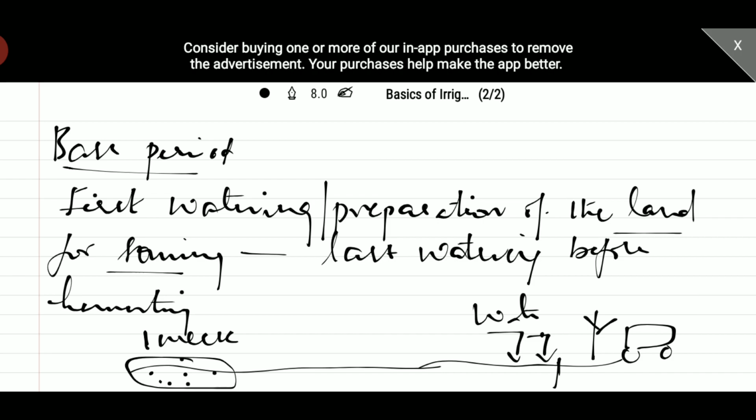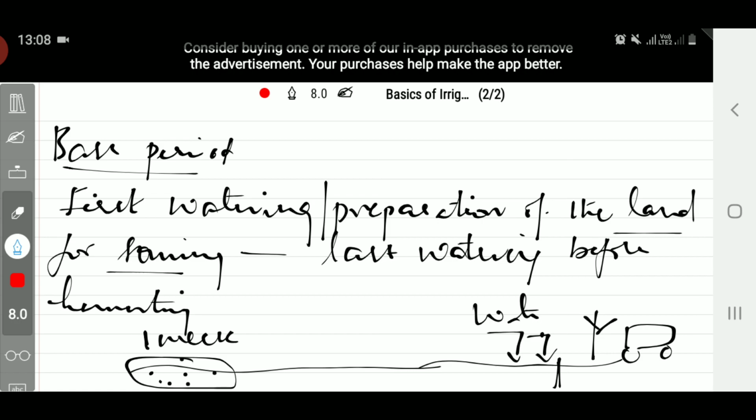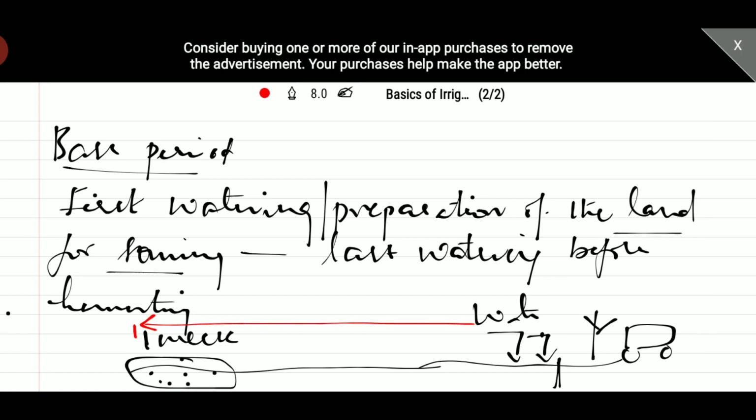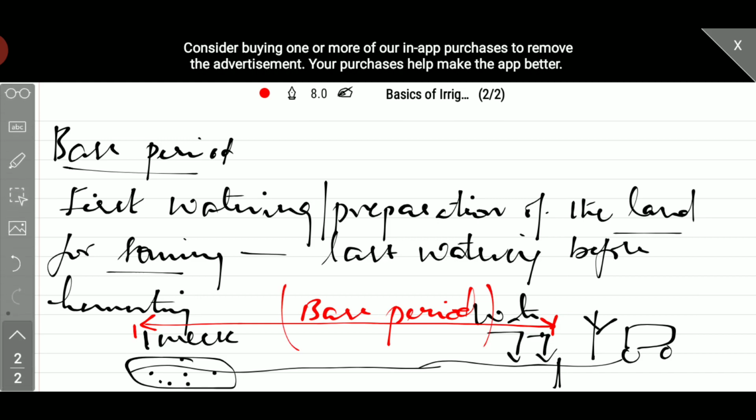That complete duration between this week and the last watering before harvesting is called the base period, right? So these are the differences between the base period and the crop period.